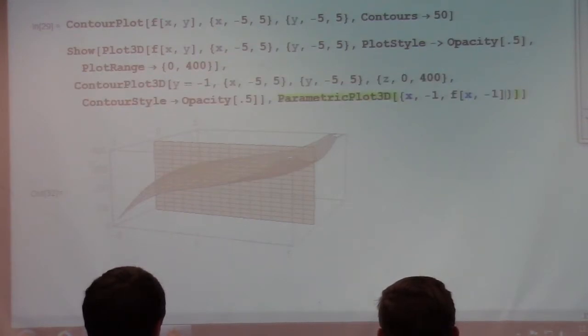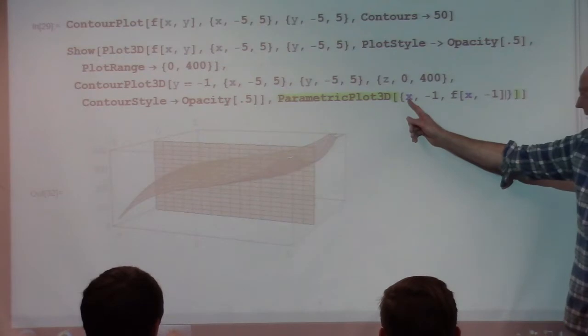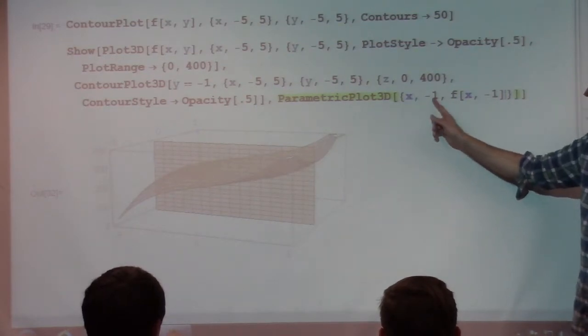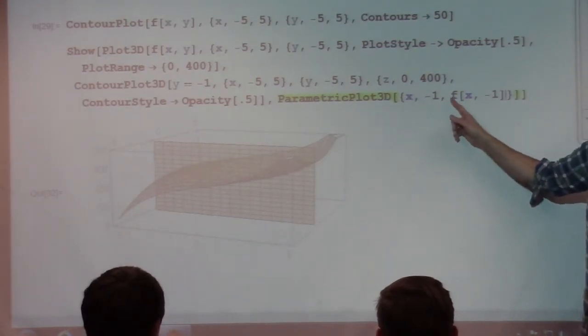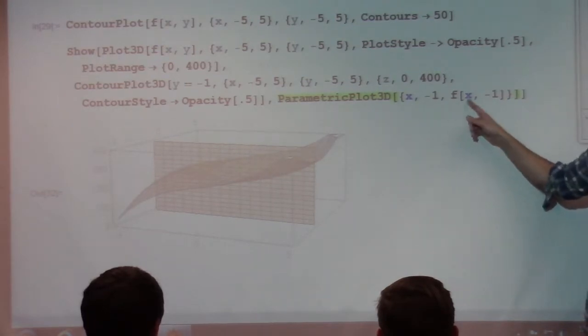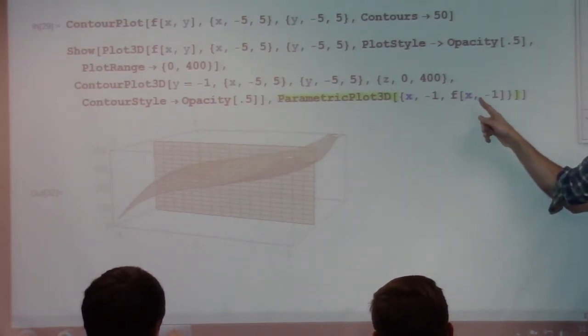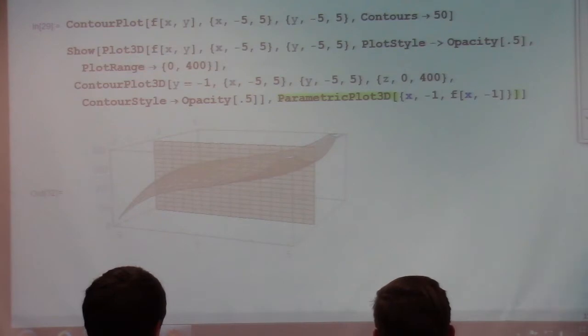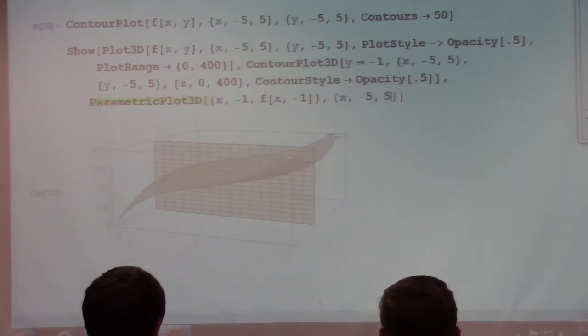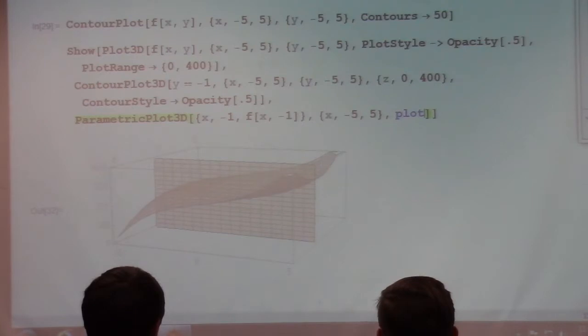Think about that. That's going to change the x coordinate as x changes, keep the y coordinate at -1, and make the z coordinate the output of the function at the point x, -1. It's got to be the curve of intersection of these two things. X can vary between -5 and 5. Easier to see.